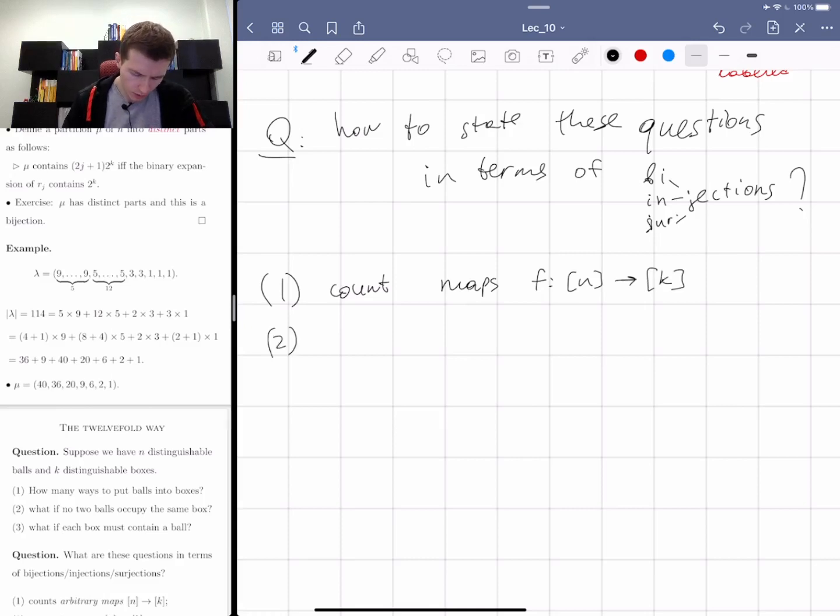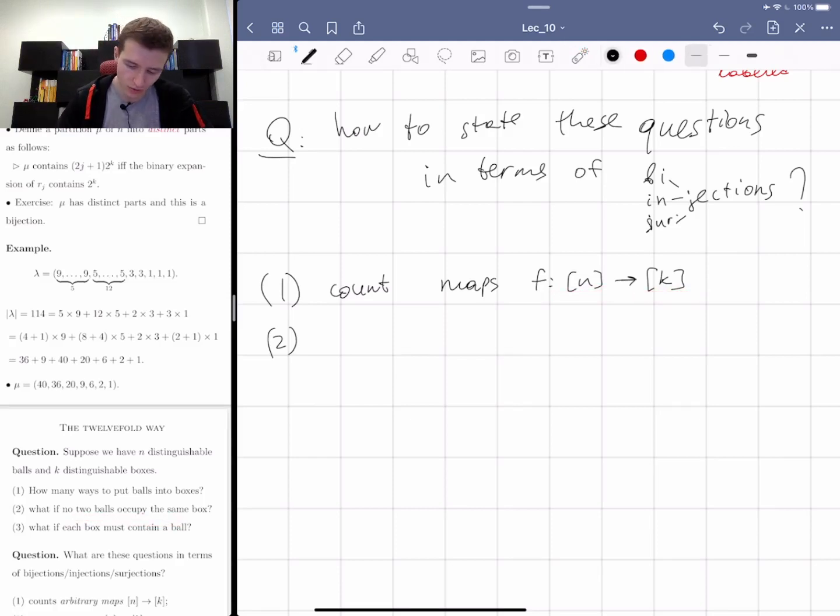For 2, you have no 2 balls occupying the same box. This map assigns, to each of the n balls, a box, which is labeled. So if no 2 balls occupy the same box, that means any 2 elements of [n] have to be sent to different elements of [k].